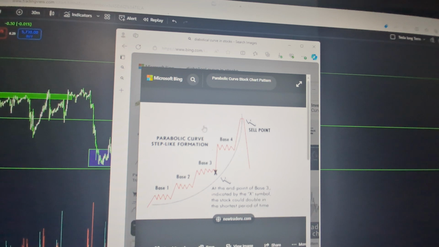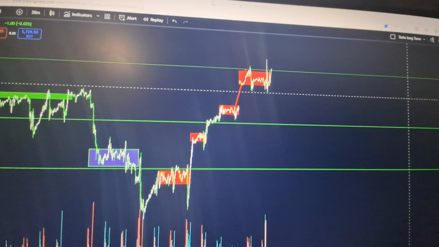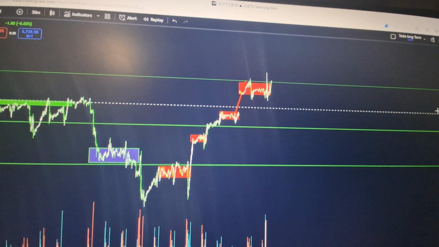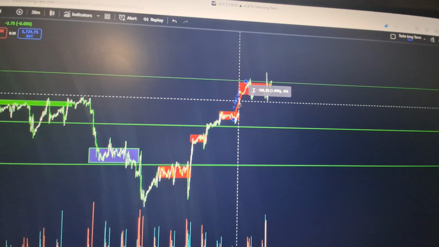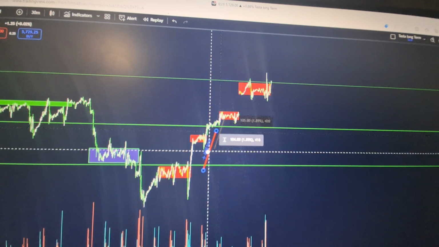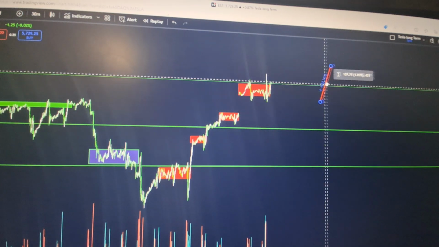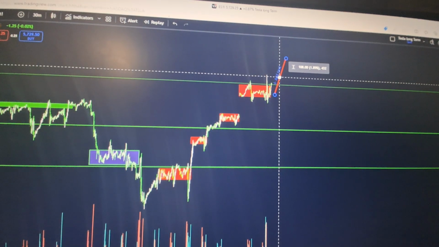You have the large 4 base, a large move up, then you sell down really hard. If this comes into fruition tomorrow, you should see this large final move up. Typically in diabolical curves the blow off top is still about the same size as the other base structures. Sometimes it can be larger, sometimes smaller, but it's the fastest one.